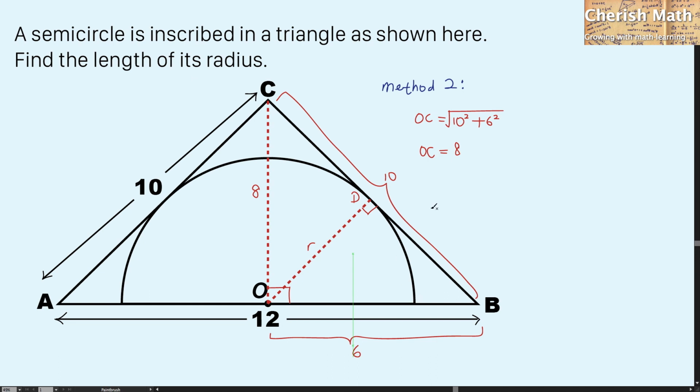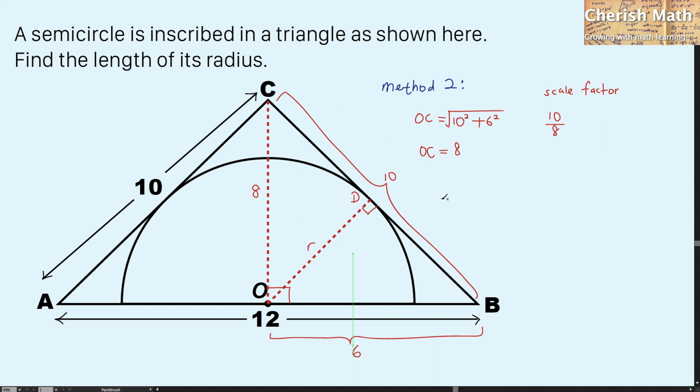Now I'm going to use similarity to solve the problem, which is a rather easy method compared to the first one. The line BC corresponds to OC, so the scale factor is 10 divided by 8, where 10 is BC and 8 is OC.